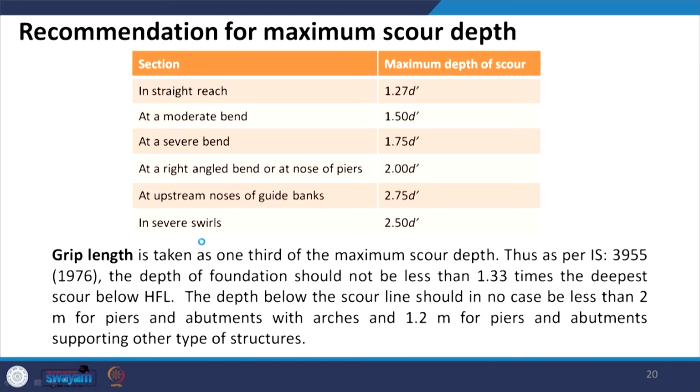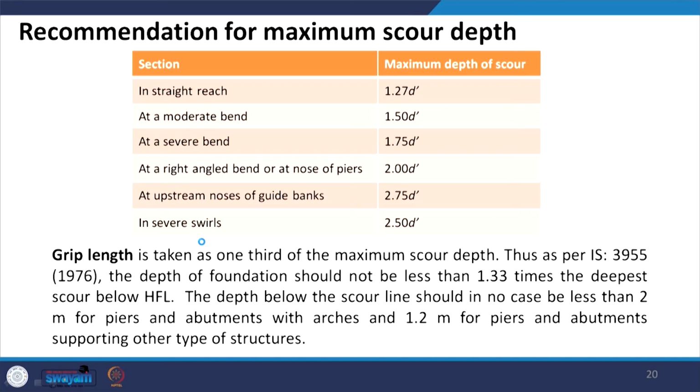Below the scour depth there should be some grip length, and to accommodate that, the recommended maximum depth of scour in a straight reach should be 1.27 times D. At a moderate bend it is 1.5 times, at a severe bend 1.75, and at a right angle bend 2, at upstream noses of guide banks 2.75, and in severe swirls 2.5.